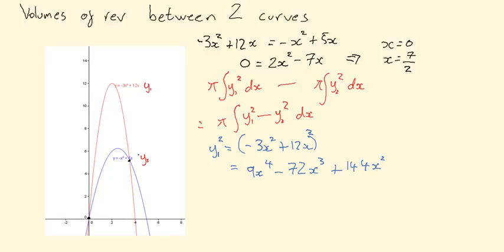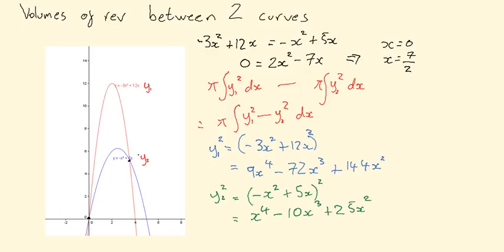Let's do a similar thing with y2 and square it, and that gives us minus x squared plus 5x all squared, which leaves us with x to the power of 4 minus 10x cubed plus 25x squared.